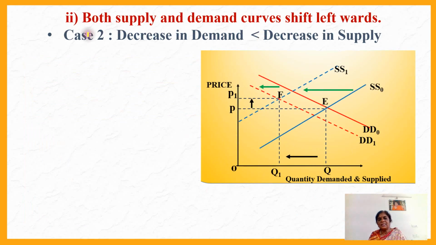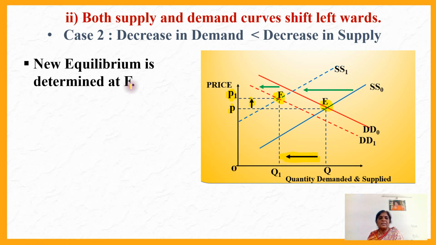You can see in this case the price. We have already discussed the initial equilibrium E and the new equilibrium F. You can see the initial equilibrium price P. Now the price has gone higher, and the quantity also falls.